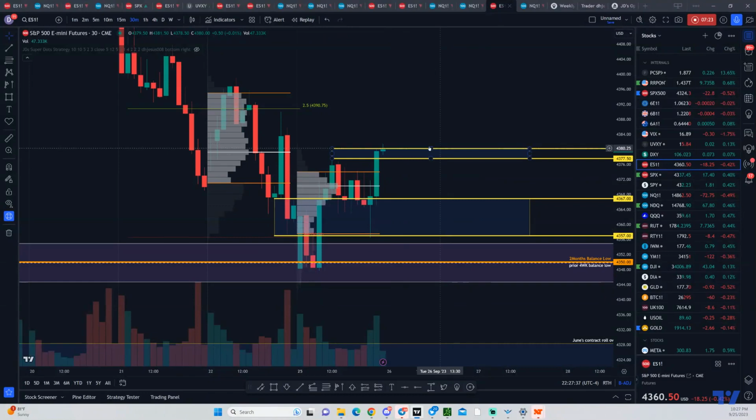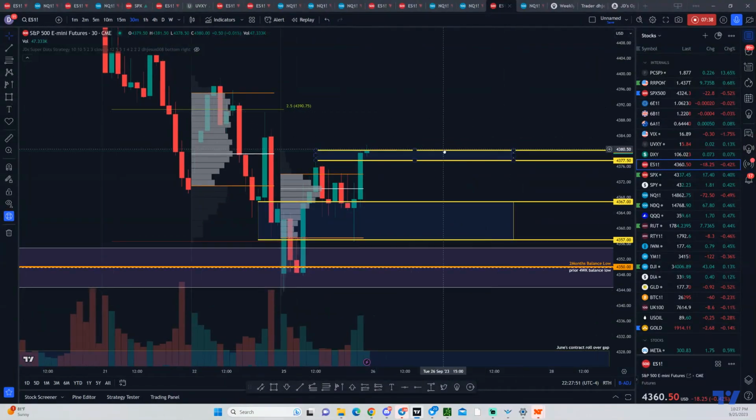If we open above it, it will be a gap up anyway. So we know that we can use this area as support. If it fails here, then obviously we'll follow our daily plan. For more information, essentially that's going to be my focus for tomorrow's plan: how are we going to manage this information here?